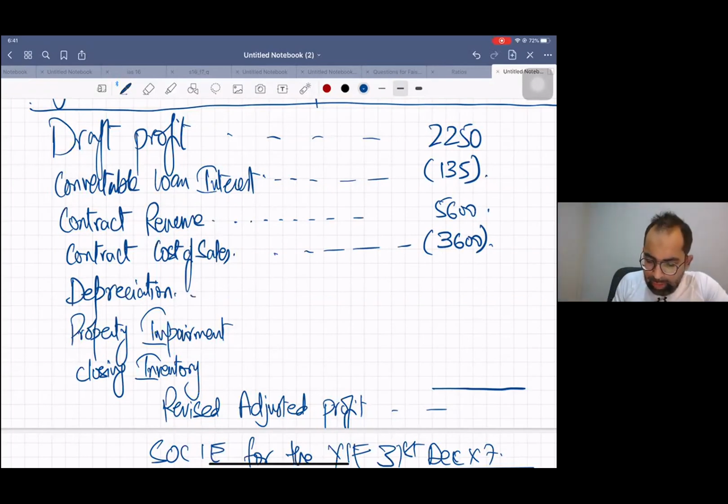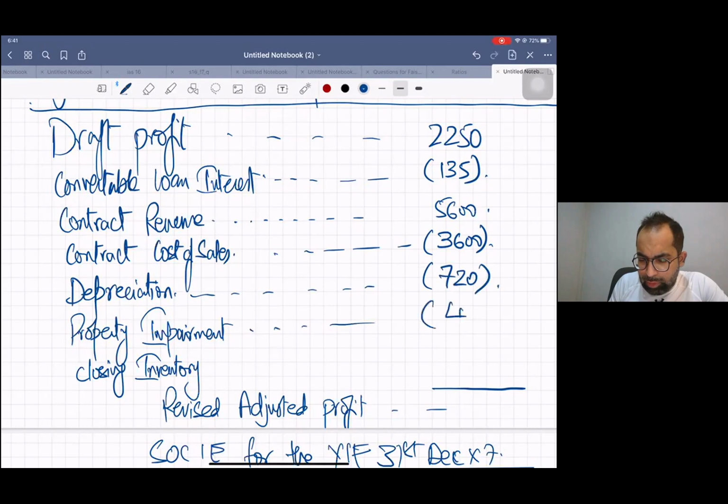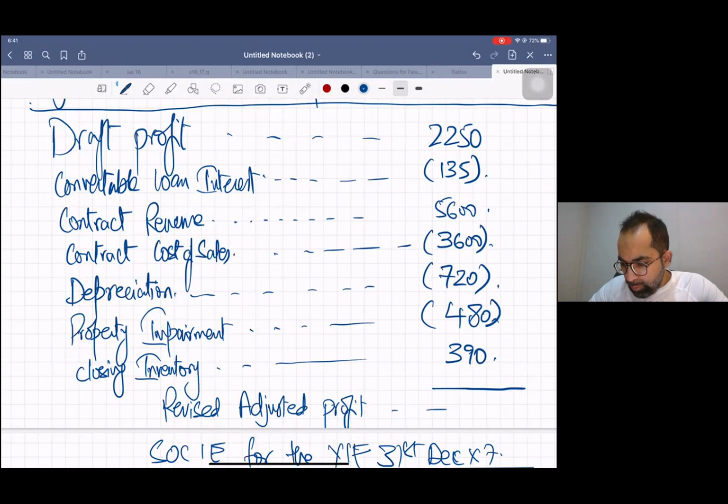Then there was a depreciation of property of 720. Impairment was 480, and the effect of closing inventory was 390. Now simply adjust it.